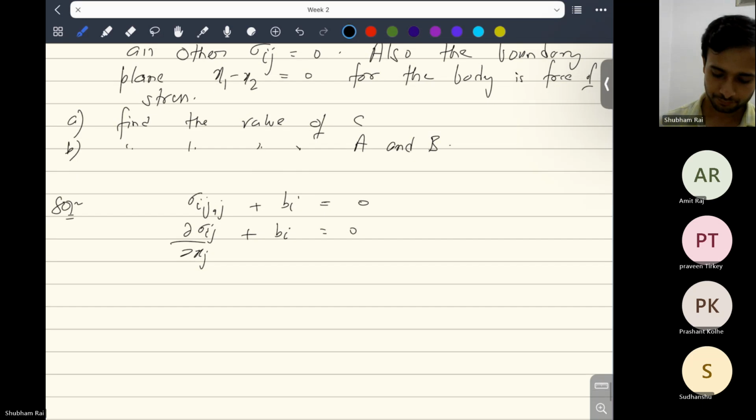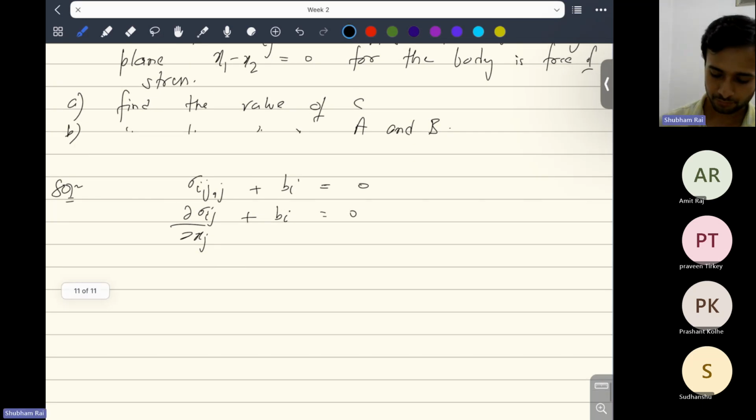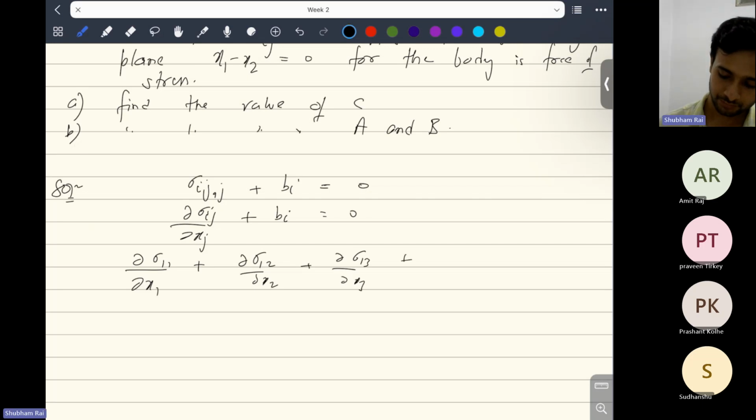So if you now write it in the first direction, that is del sigma 11 by del x1 plus del sigma 12 by del x2 plus del sigma 13 by del x3 plus b1 equal to 0, and the body force is 0, so b1 is 0.